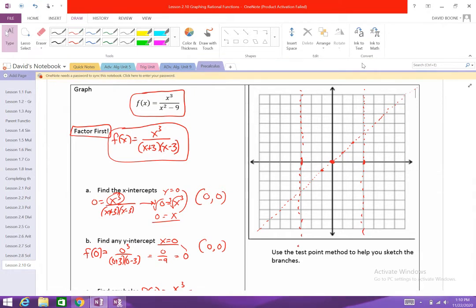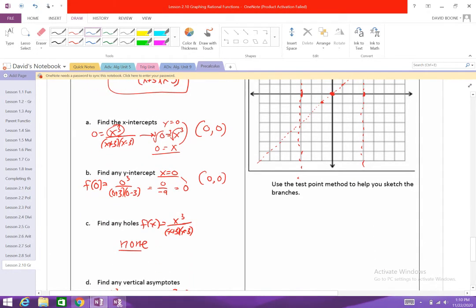So let's look at how to graph this now with some of these parameters that are set up. And again, using the test point method is the best, and that's what we've been teaching. So let's give that a try. If we use the test point method, I know I can't have a value here at -3.